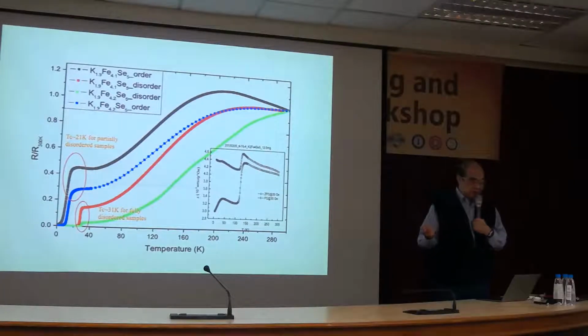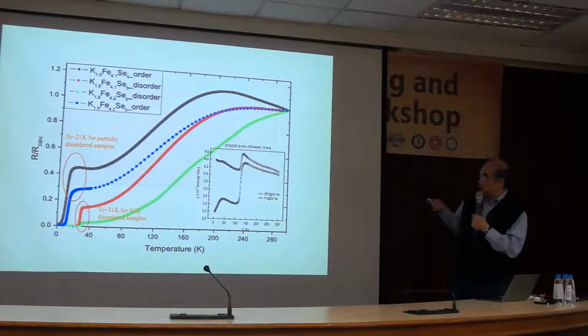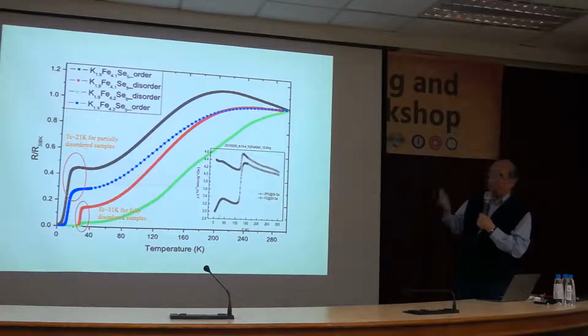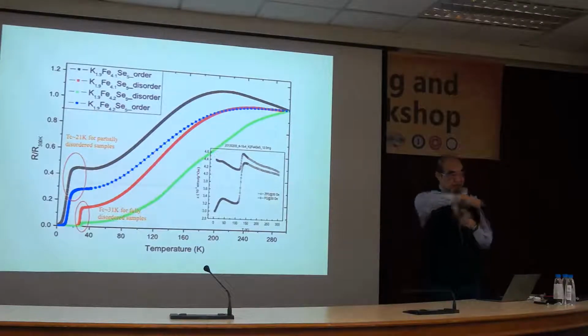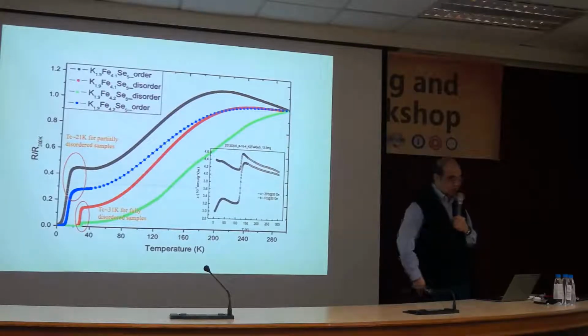So that's what we have seen from this particular iron selenium with the vacancy version, which is much easier to control. And we are working on this to see if we can exactly map out the phase diagram. It's really a phase diagram of iron selenium.